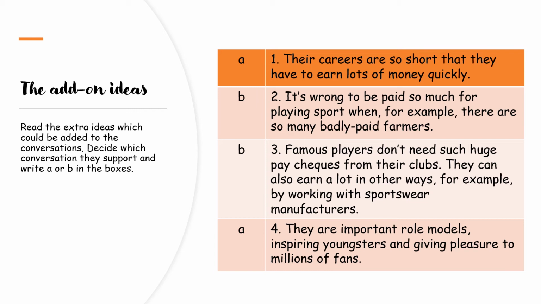They can also earn a lot in other ways, for example, by working with sportswear manufacturers. And looking at this idea, it supports conversation B. The last one, number 4. They are important role models, inspiring youngsters and giving pleasure to millions of fans. As for this one, we can see that it supports conversation A.